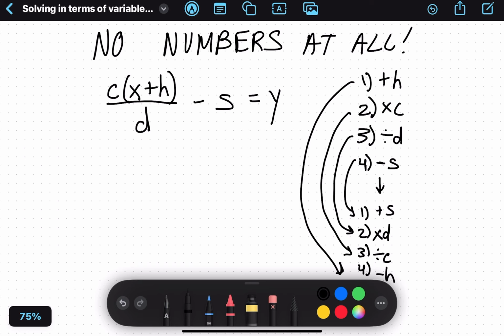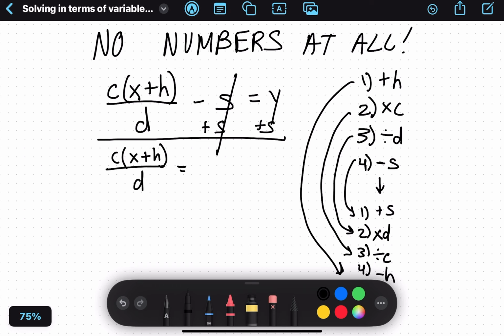So, let's get into it. First, let's add s. Add s on both sides. These s's cancel, and now we have c times x plus h divided by d equals y plus s. Okay, first step done. Next, we're multiplying by d on both sides.